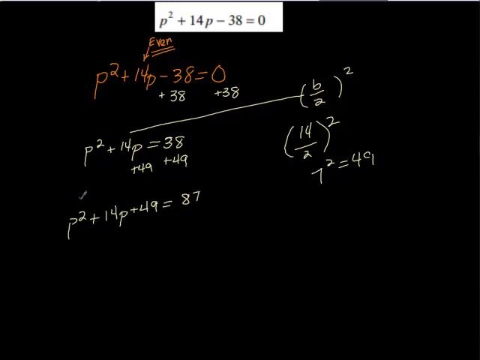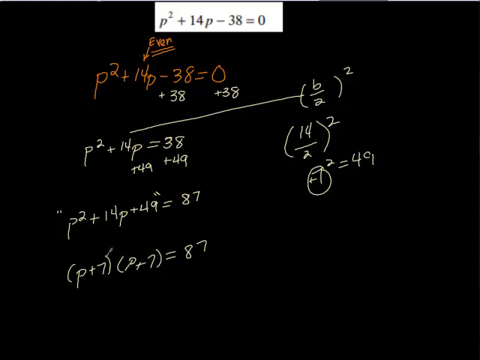So if you look carefully, what we've created here is a perfect square. This is what we get by completing the square. This turns into a perfect square, which means this 7 value right here is going to be really key for us. This is positive 7. So we get p plus 7 times p plus 7 is equal to 87.